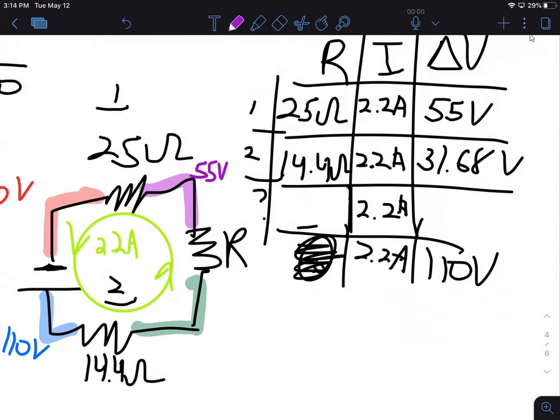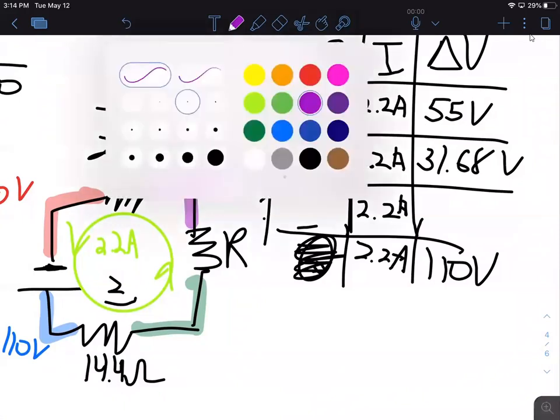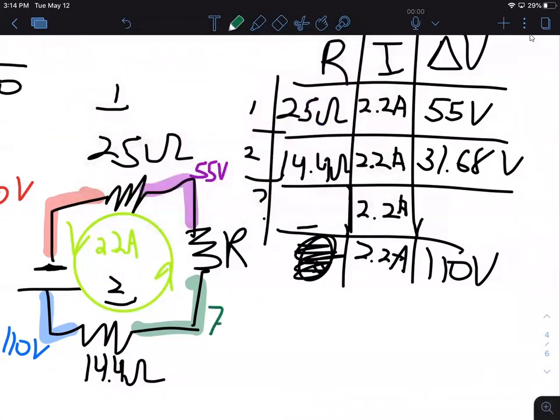110 minus 31.68. 78.32. Why not? 78.32. All right. So I'm going from 78.32 volts down to 55.